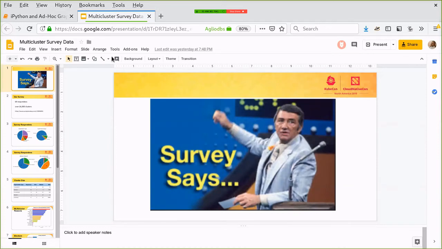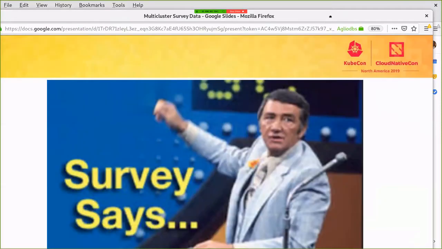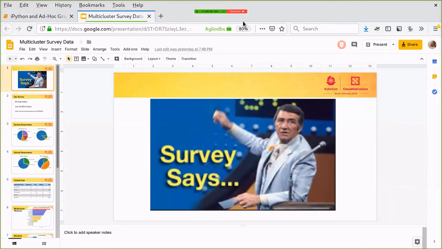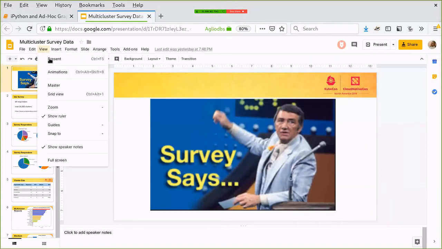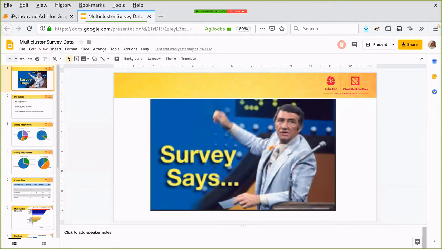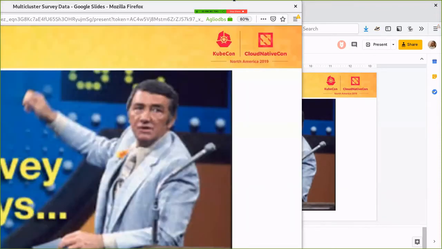Yep. Okay. Now, let me see if that actually works if I go into presentation mode. Is that working, or are you still seeing the original window? I'm seeing the original window. Okay. Typical problem. Now I see the big window. Oh, you did? Okay. Let's try it again. Seeing the right big window? Yeah.